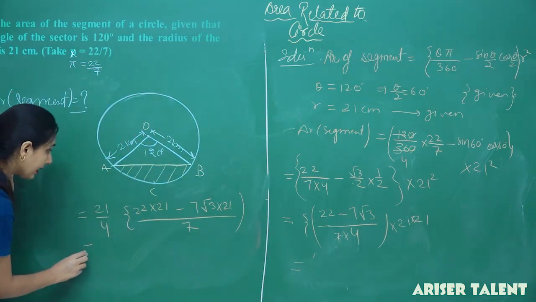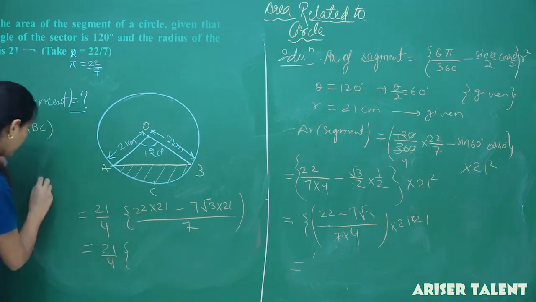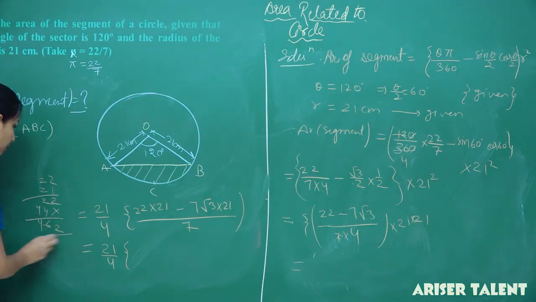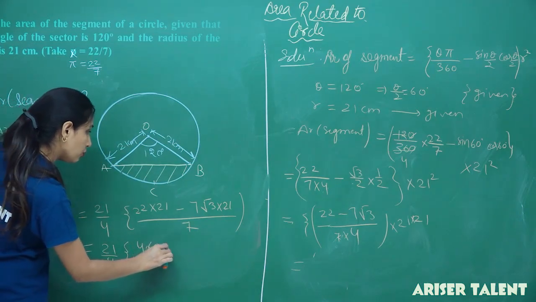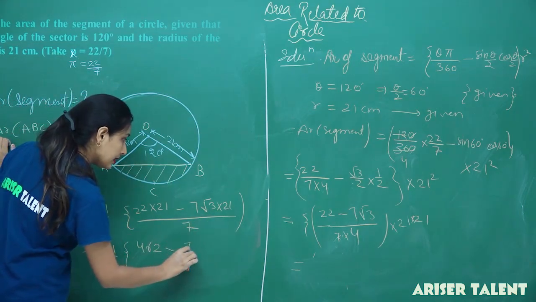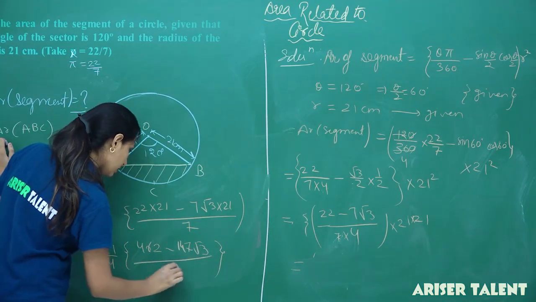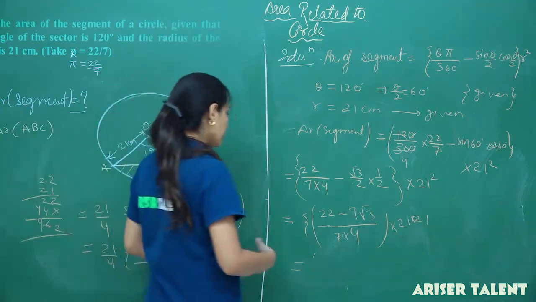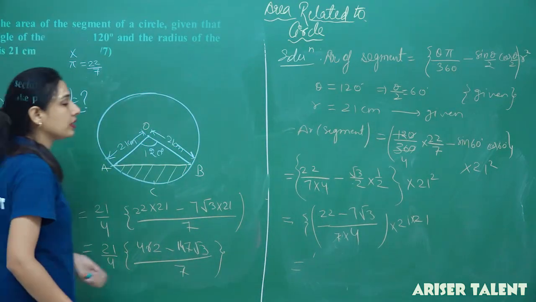So what will I get? 21 by 4, that will be 264, 462 minus 7 divided by 7. So that will be your answer. You can sort it out. Okay students, but this is the way you will be solving this. So note this.